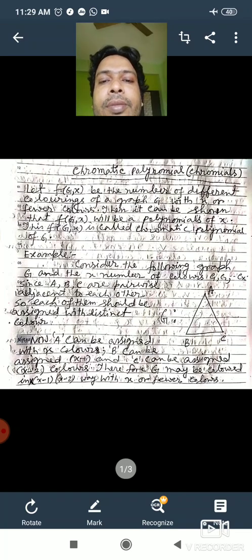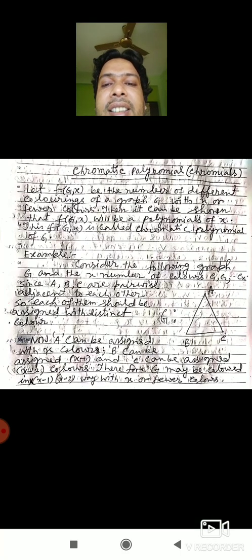Now, example. Consider the following graph G and x number of colors C1, C2, ..., Cx. Since A, B, C are pairwise adjacent to each other, each of them should be assigned different colors. Now A can be assigned x colors, B can be assigned x minus 1 colors, and C can be assigned x minus 2 colors.